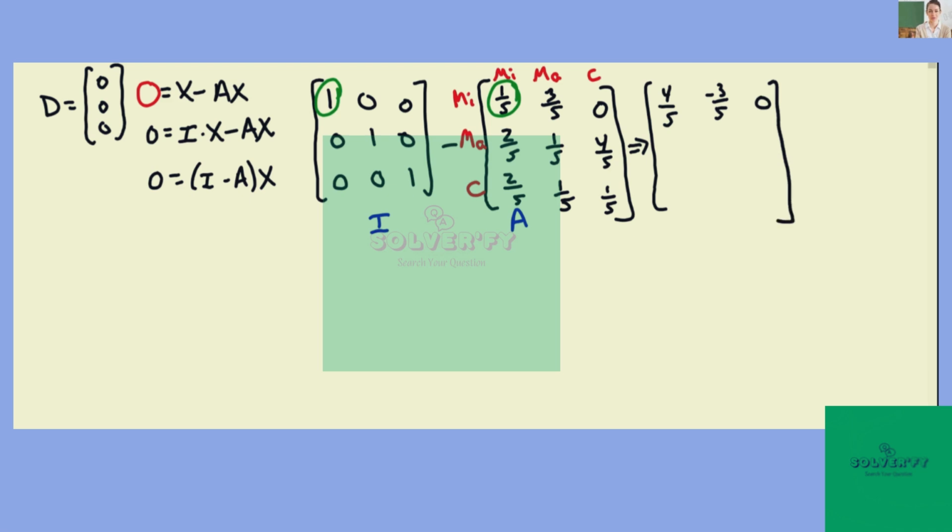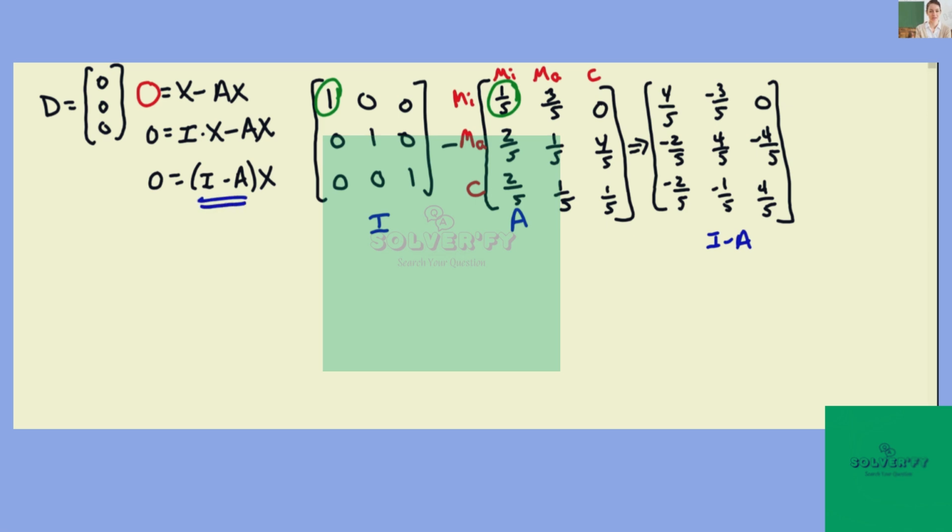Second row, 0 minus 2/5, 1 minus 1/5, and 0 minus 4/5. And the bottom, 0 minus 2/5, 0 minus 1/5, 1 minus 1/5. Okay, so this is I minus A right here.